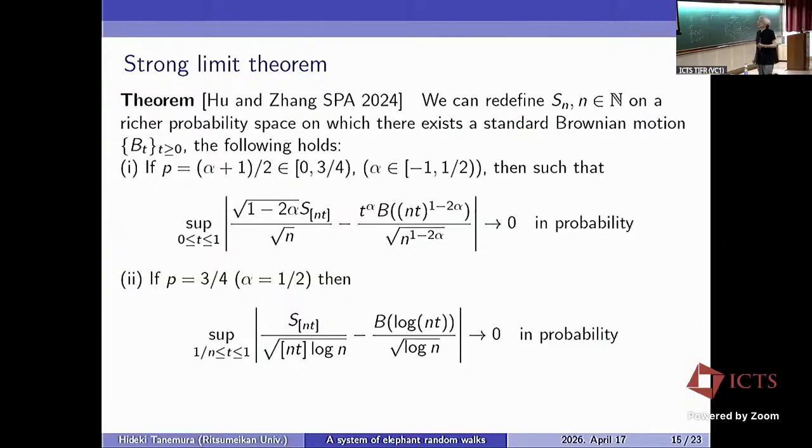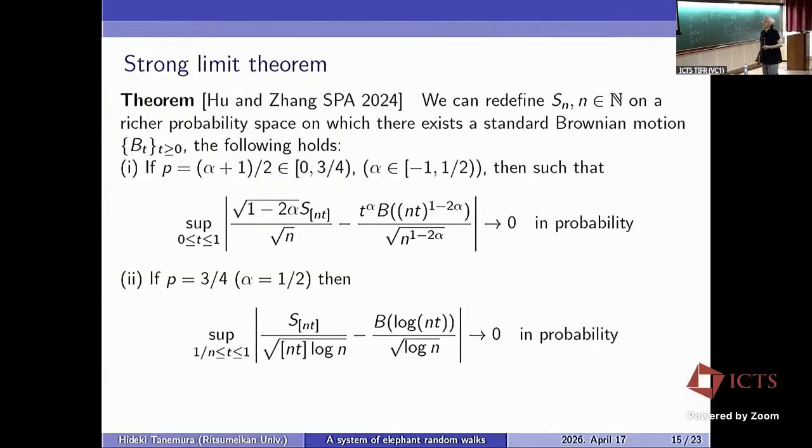And to prove this one, we use the strong limit theorem. This is a very strong result. The non-colliding elephant random walk, and this is Brownian motion like that. And the sup norm of this term converges in probability, very strong convergence.